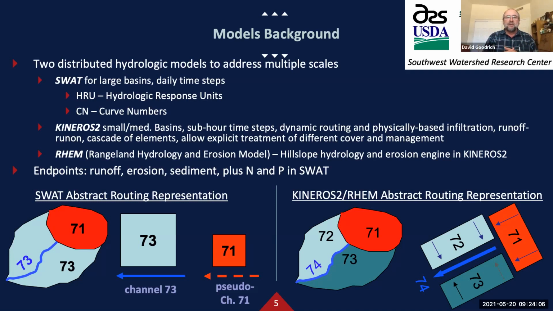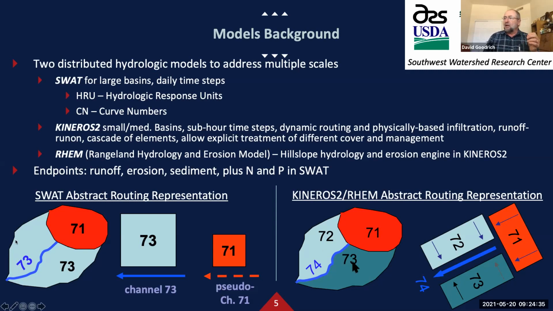And in terms of a kind of an abstract routing representation, SWAT will determine sub-watersheds like the one you see here, but it doesn't make a distinction between the left and the right-hand side of the channels. It does look at an upland contributing area, and it has a built-in pseudo channel to help the timing out.